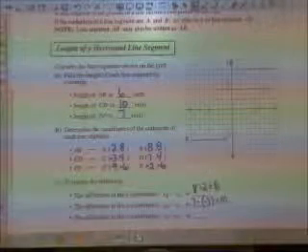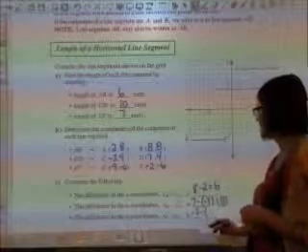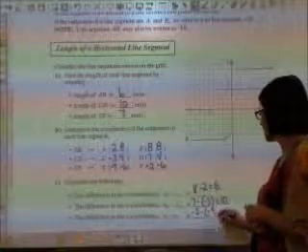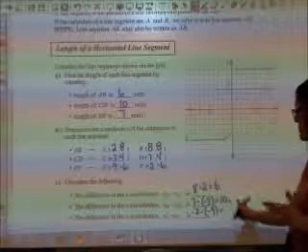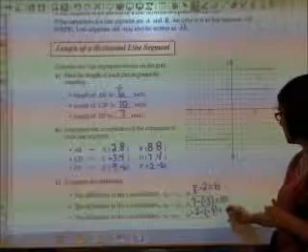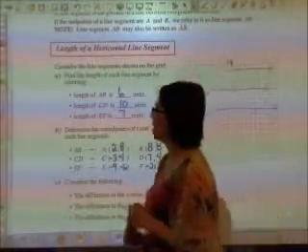And then if I do the same thing with F, it would be negative 2 minus negative 9, which would be plus 9. So negative 2 plus 9 would give me 7. Where have we seen these three numbers before? Right here in the length of our line segments.